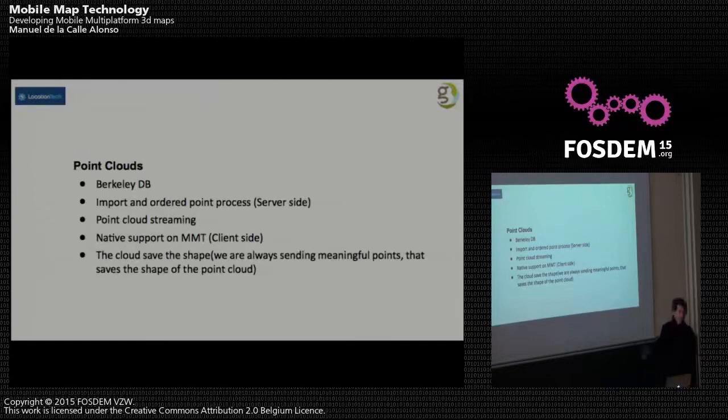Important, we order the point cloud, we prepare a pyramid in the same way that the vector tiles, and we have a server for the point cloud streaming. We have a native support on the MNT. As I said previously, we always save the shape of the point cloud.